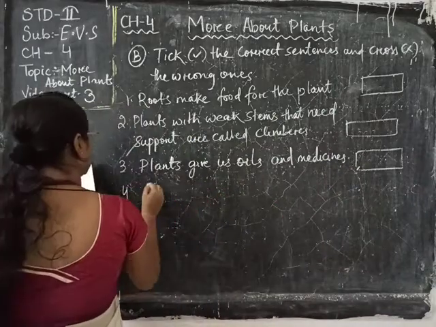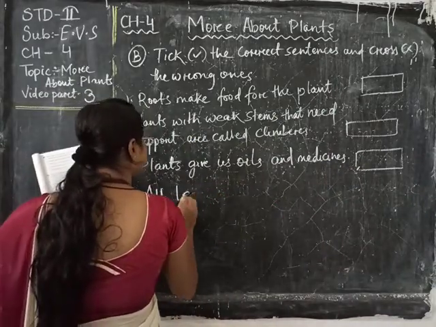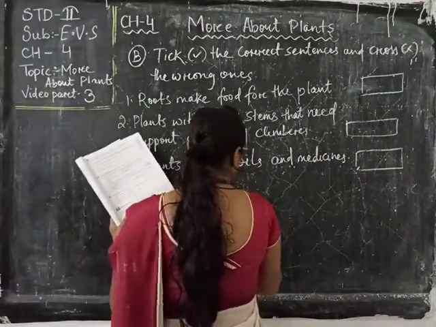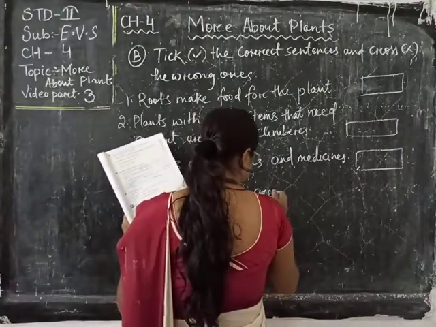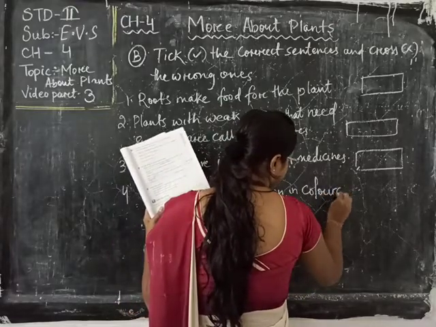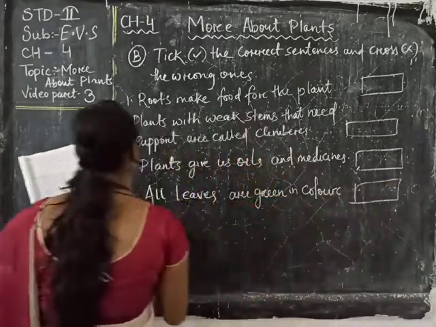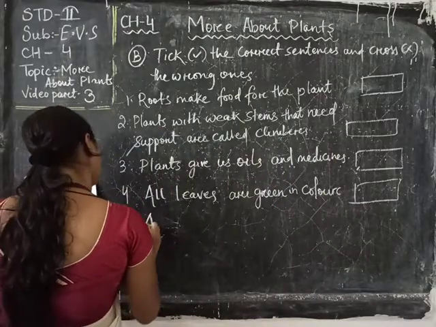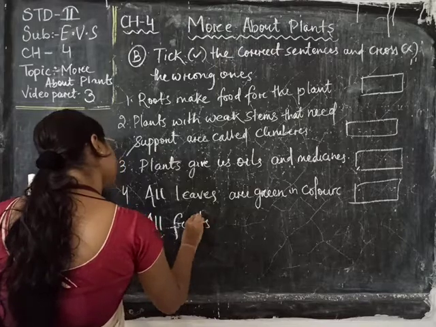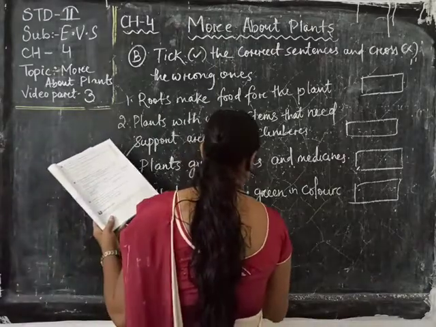Number 4, all leaves are green in color. Number 5, all fruits can be eaten.